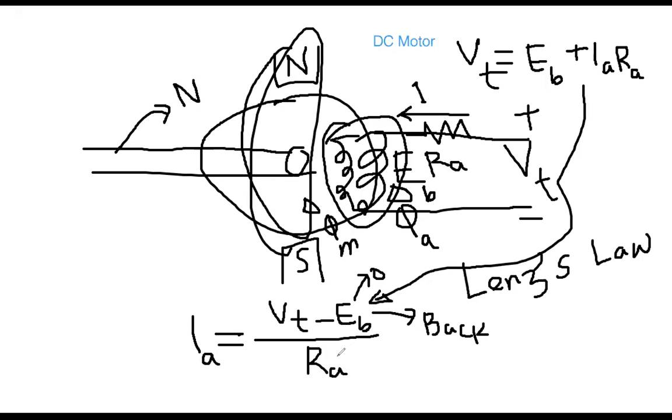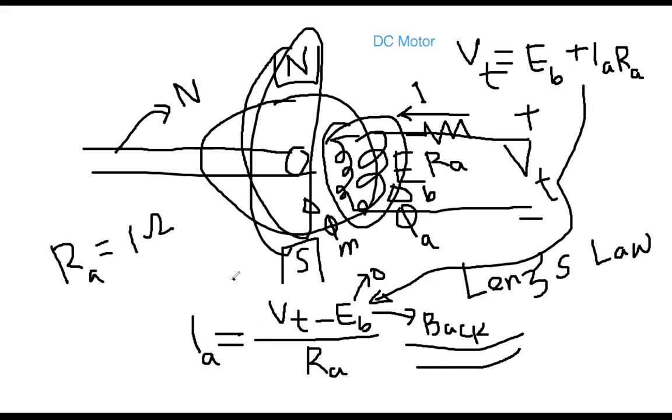Can you guess? Typically the armature resistance is very small, around 1 ohm or even less than 1 ohm, because this is mainly coil inductance, so it has very small resistance. So RA in real practice is very low, typically around 1 ohm. Now look at this equation, and you can guess the value of the current.